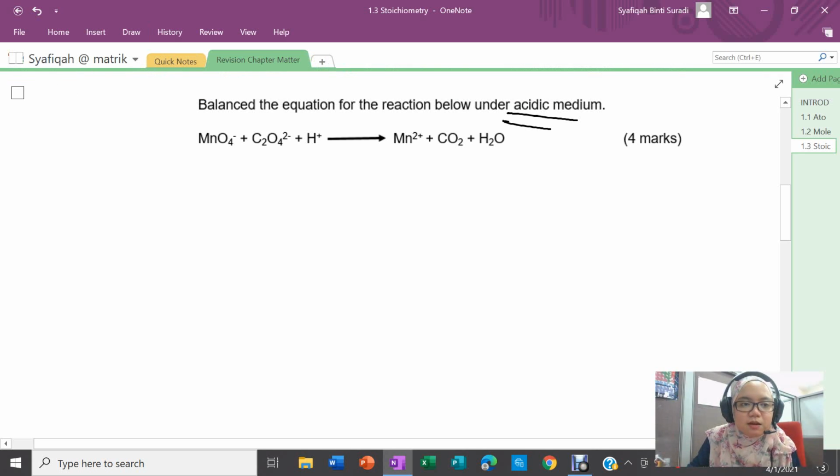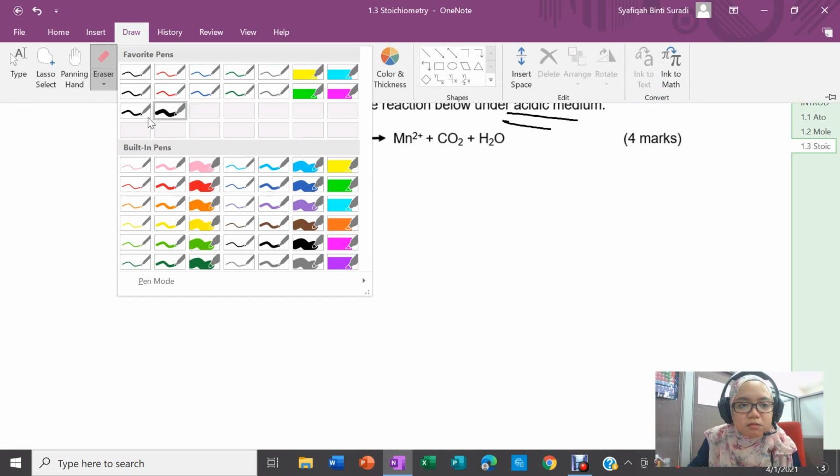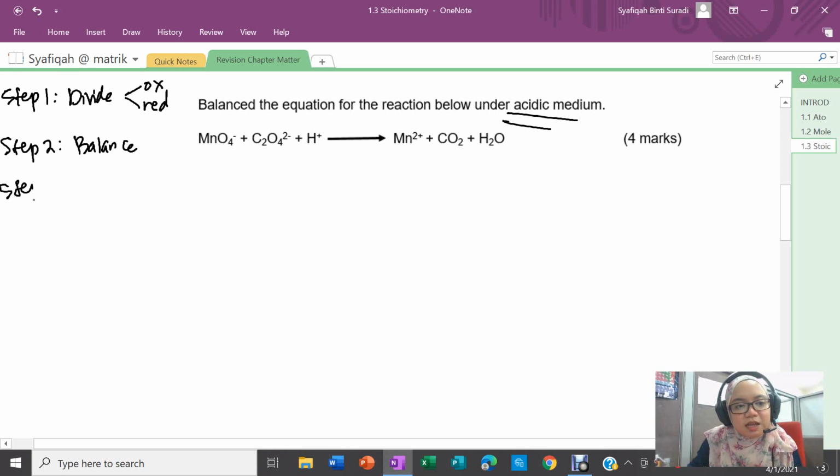Step 1, you have to divide jadi oxidation dengan reduction. Step 2, balance. Step 3, combine. Okay, kita buat step yang pertama.